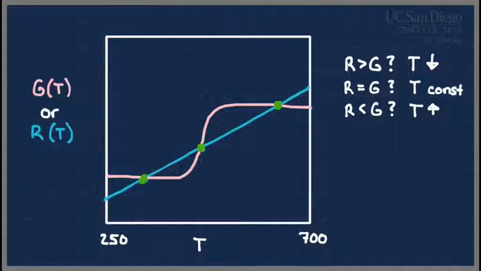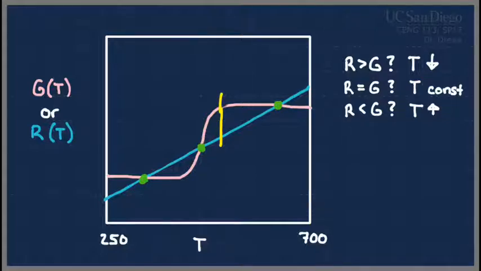So let's look at a couple of different regimes here and try to figure out what happens. Let's say that you pick a temperature right here. What does it mean to be at that particular temperature? Draw a vertical line at that particular temperature.